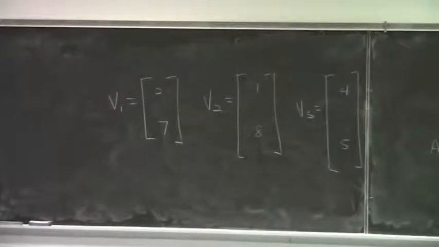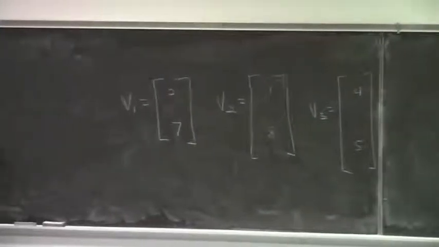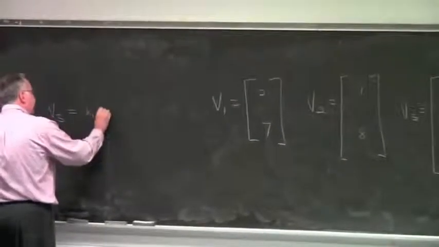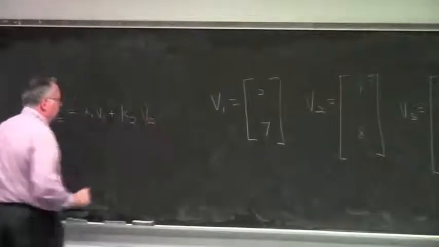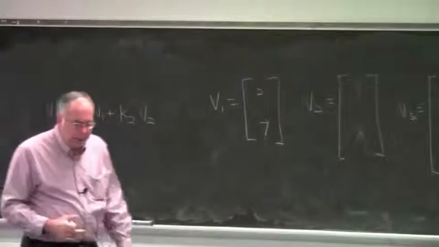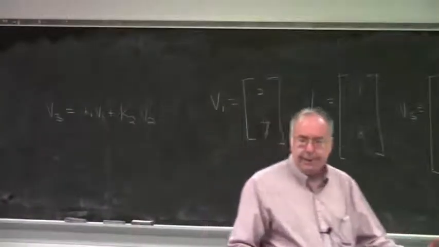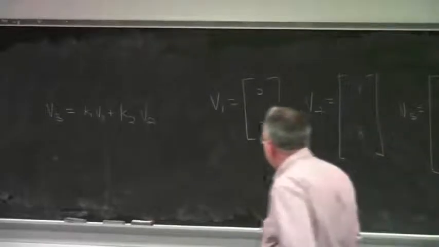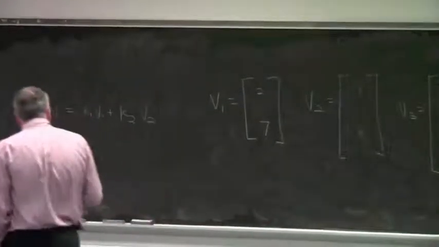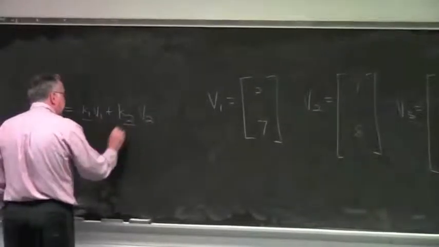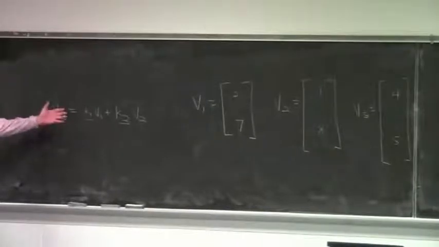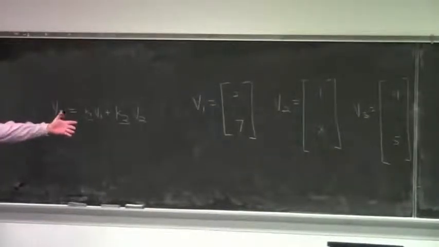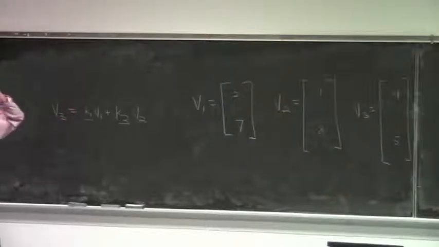And by a linear combination, I just mean v3 is a linear combination of v1 and v2, if you could write the following: k1 times v1 plus k2 times v2, where k1 and k2 are any constants, any scalars. If you could find scalars k1 and k2 that will make this statement true, then v3 is said to be a linear combination of v1 and v2. Can you find the values that would work for that?